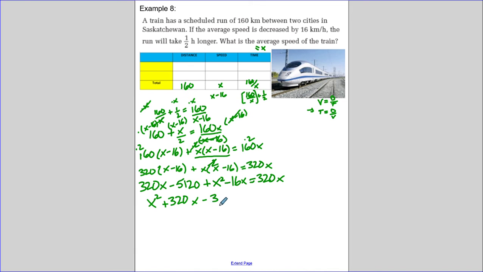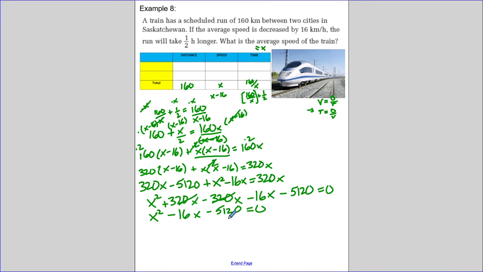So x squared plus 320x minus 320x minus 16x minus 5,120 equals 0. Combining all of those x terms together, I get negative 16x because these two are going to cancel out. So x squared minus 16x minus 5,120 equals 0.